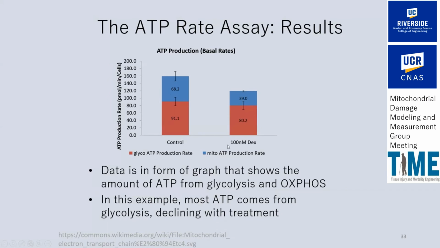And this group here, 100 nanomolar dexamethasone, this is the treatment. And so in this data, we would see that our treatment here causes a decrease in ATP production from both mitochondria and from glycolysis. And so this assay really allows you to see exactly what's happening in terms of ATP production in your cells.